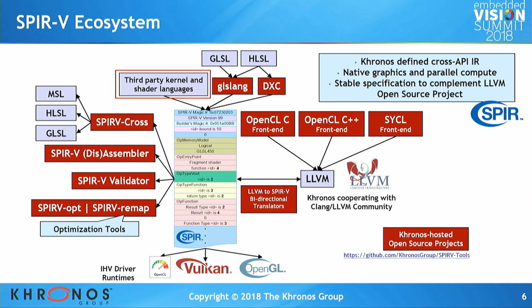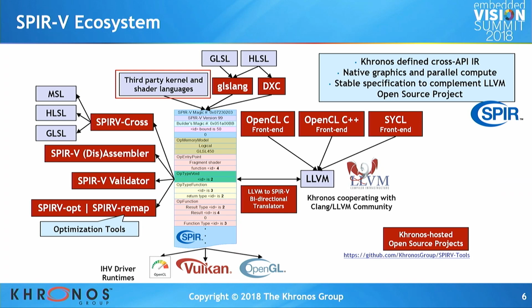But we needed SPIR-V not just for the extra native functionality of parallelism. We needed a stable specification that we can build the rest of our hardware stack around. LLVM is an open source project which has great strength, makes them super mobile, and they can evolve really fast.